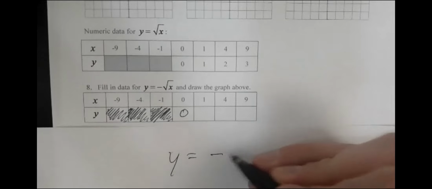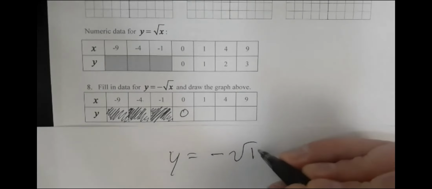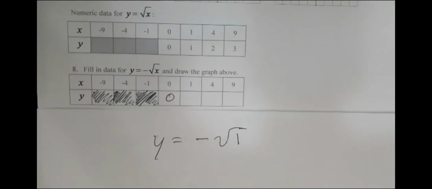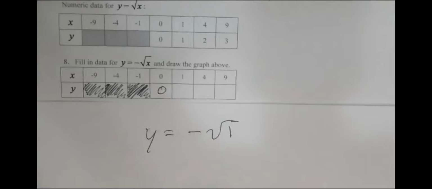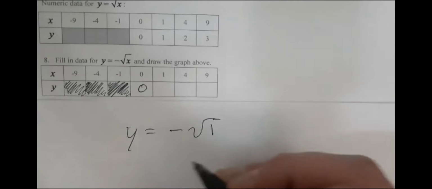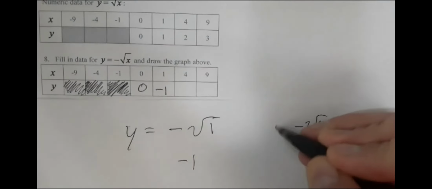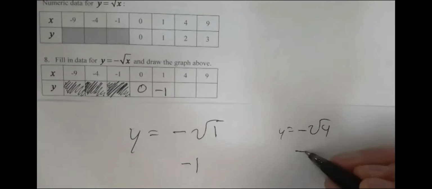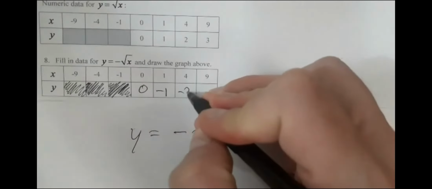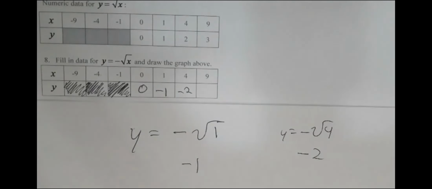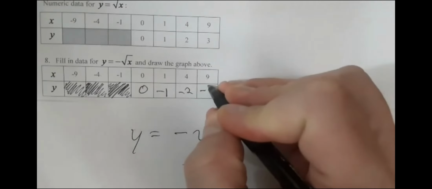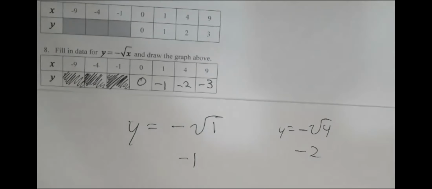Y equals minus square root of 1. Square root of 1 is 1. This is a minus 1. Now I'm doing a minus the square root of 4. Square root of 4 is 2. This is a minus 2. And I'll let you think about this just for a second. This is going to be a minus 3.